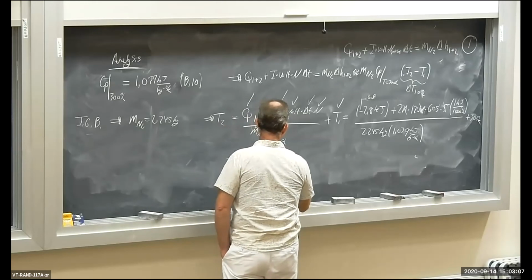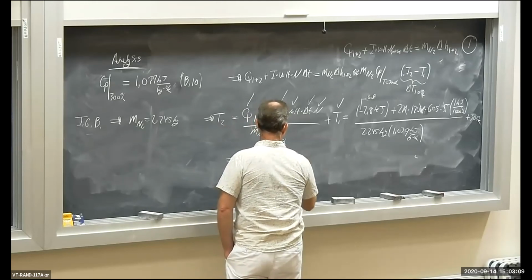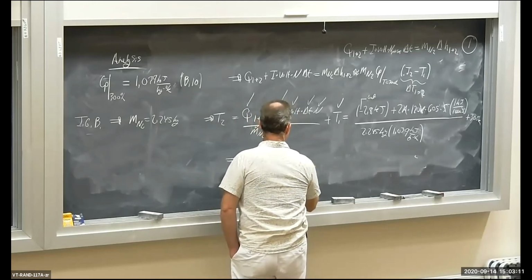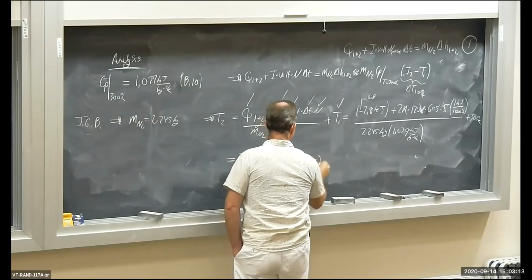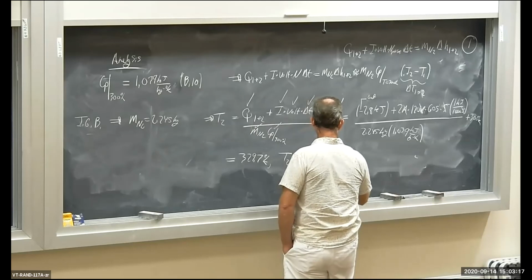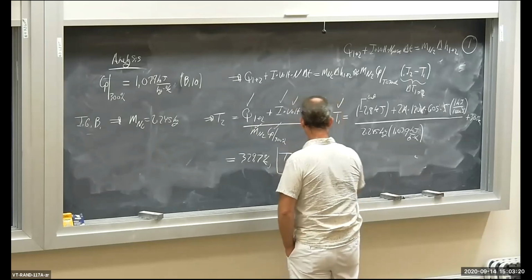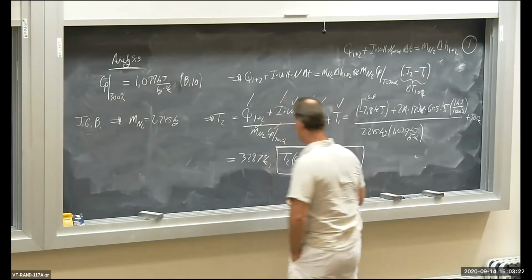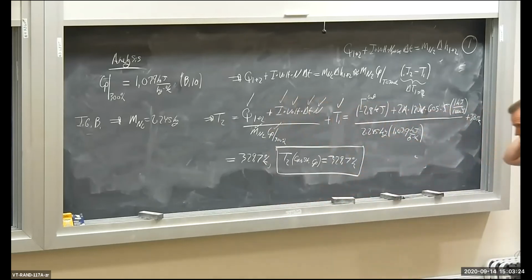So T2, and this is for constant Cp, is equal to 329.7 degrees Kelvin. Okay? That's constant specific heats.